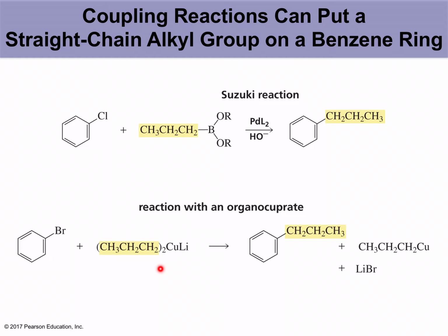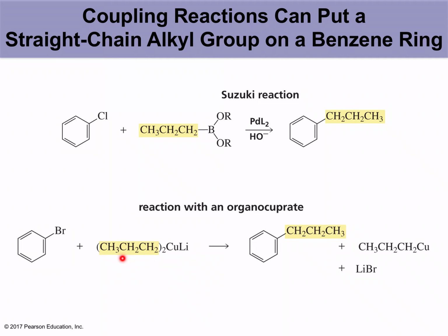You can achieve the same thing with organocuprates. Remember we know what organocuprates are. So the copper, lithium, cuprate because we have the copper. So we use the cuprate carrying the alkyl group that we want to add. In fact, we know how to make the cuprate, right?